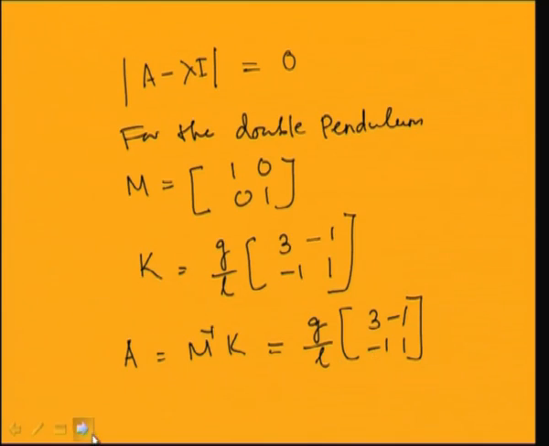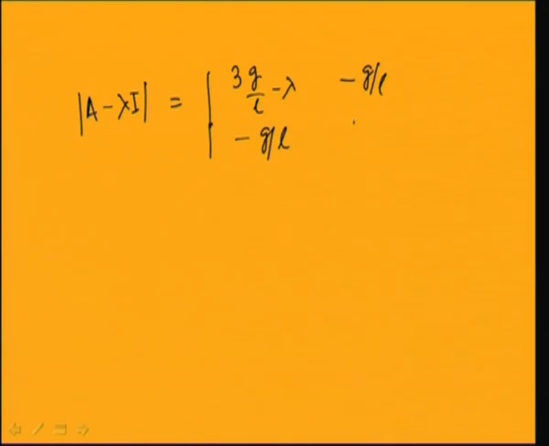So A minus lambda I will be equal to 3 G by L minus lambda, minus G by L, minus G by L, and G by L minus lambda. The determinant of this will be equal to 0, so you have a quadratic equation.